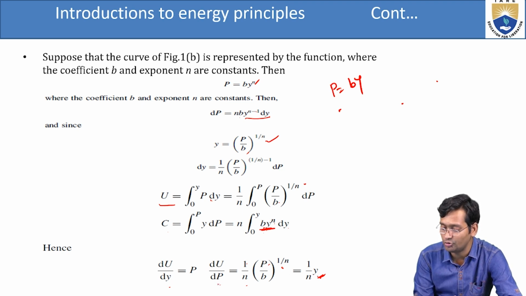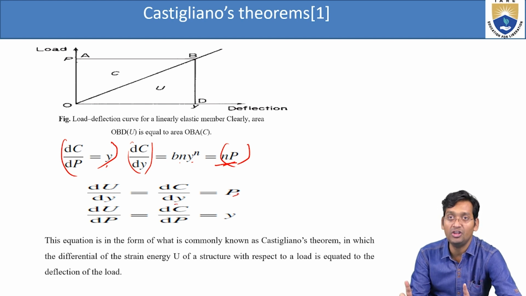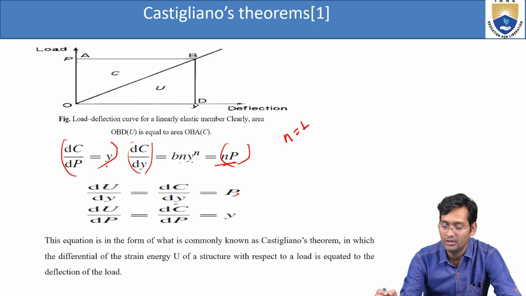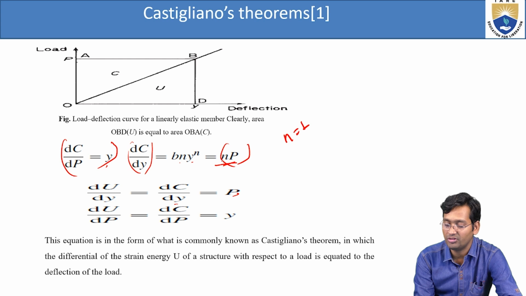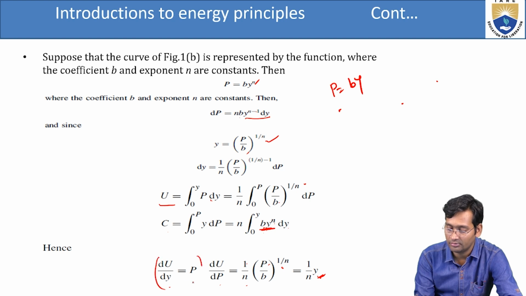So we can say n dU by dP is y, right? So dU by dy, and dC by dy is what? P, if n is equal to 1, right? In this equation, if you put n equals to 1, then what happened? This will be simply P. So dC by dy equals to P, and that is here equals to dU by dy.